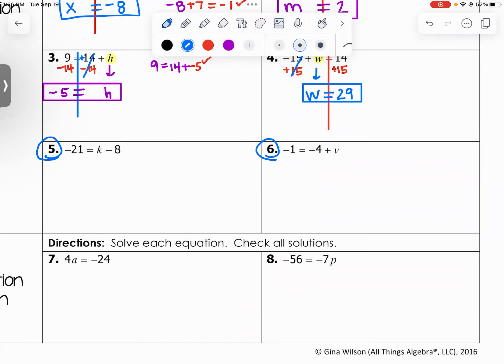The -4 is with the V, and I want V to be alone. So the -4 is the one we need to undo. So is -4 going to cancel out? -4 would be negative. Okay, so we want to add to both sides.